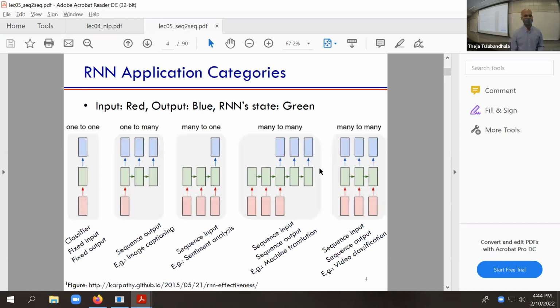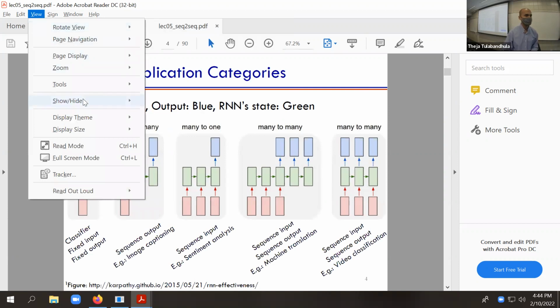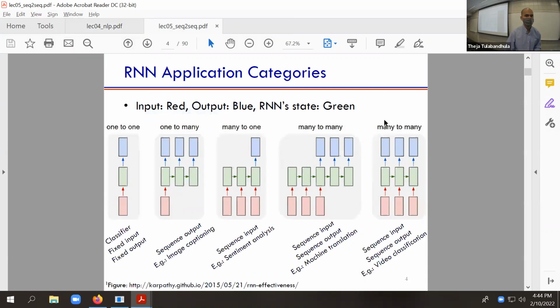So let's start with RNN. I could probably full screen it. Okay, there was a chat.